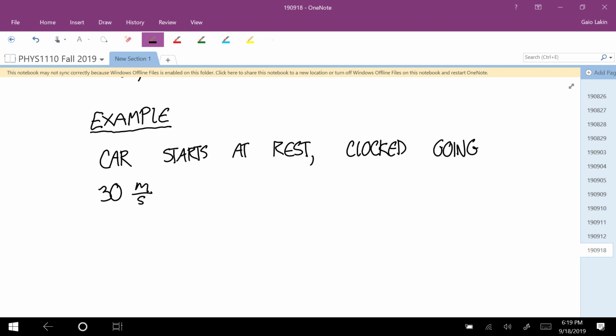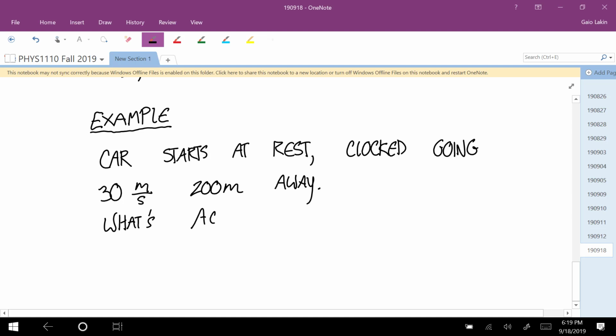Is that too short? 200 yards? Okay, let's say 200 meters. So it starts at rest, it's clocked going 30 meters per second, 200 meters away. So if we assume that this car has constant acceleration, what's its acceleration? We don't know that. So what's the acceleration?